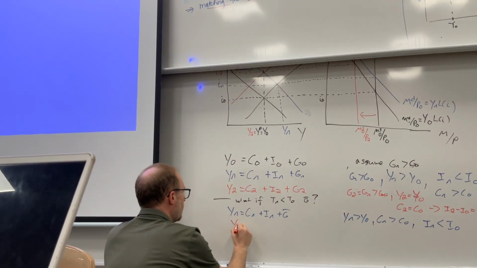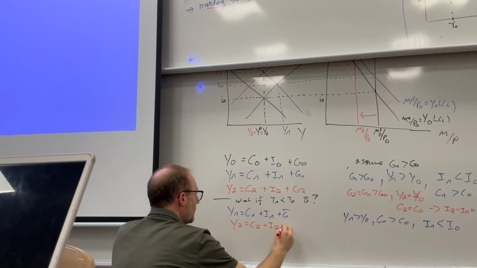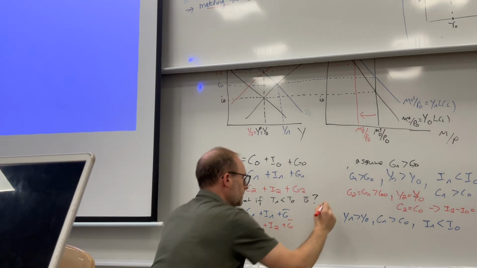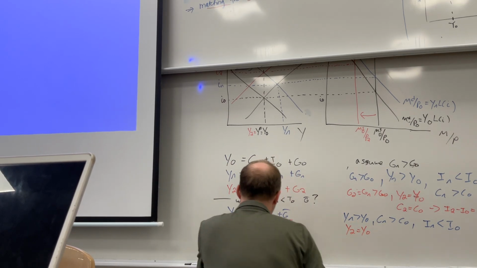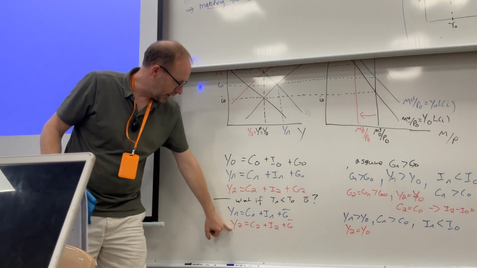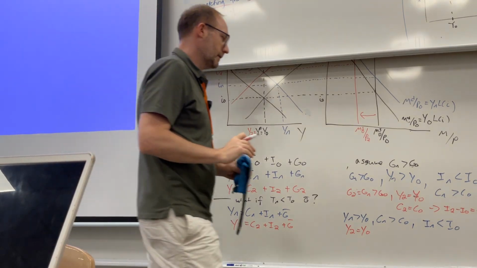Now let's look at the long run. So now we have Y2 unchanged, G is unchanged.